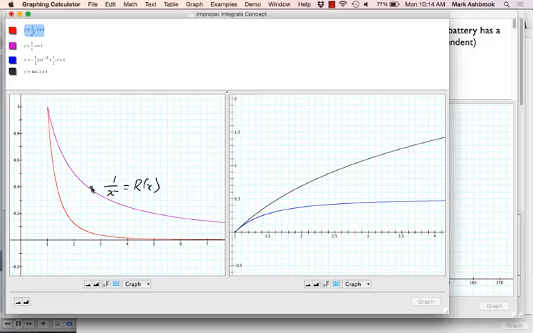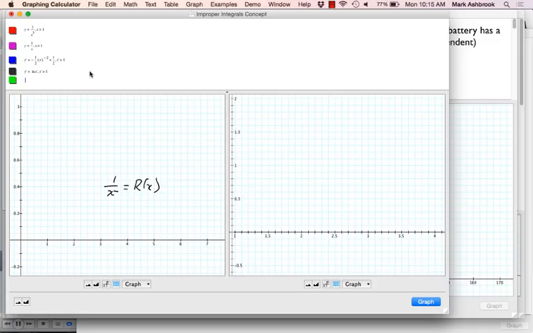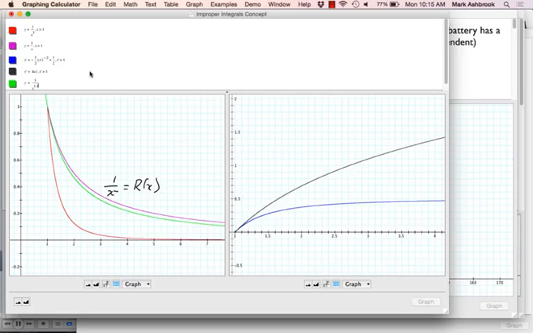This rate will be just, let's graph that. 1 over x. All right, here's 1 over x to the 1.1, the green one. Because that is greater than 1, that green one will get to 0 quickly enough for your net change to level off in the long run.